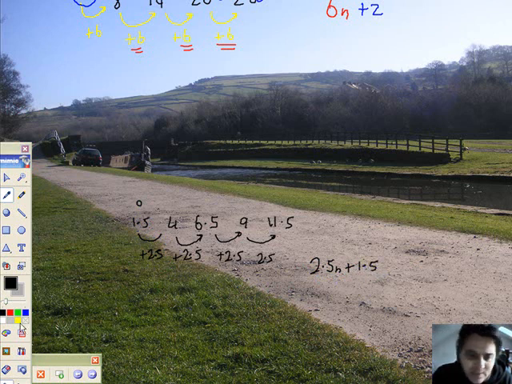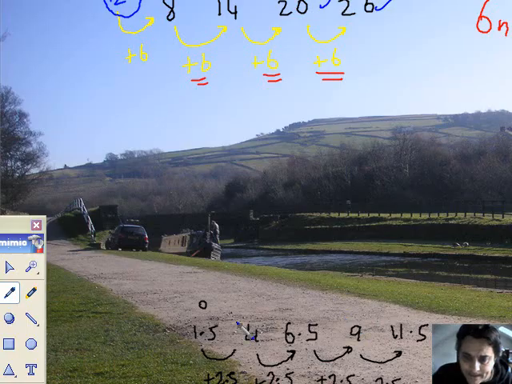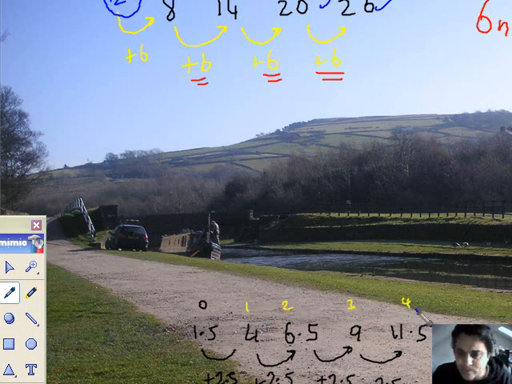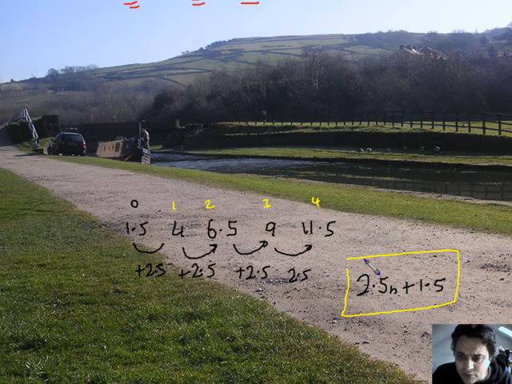Now let's test it with an easy one because I don't like multiplying by halves. So here I go. Let's test it with that one. 0, first, second, third, fourth. Okay. 2.5 fours. So 2.5 times 4. Well, 2 fours are 8 plus half of 4. That's a 2.